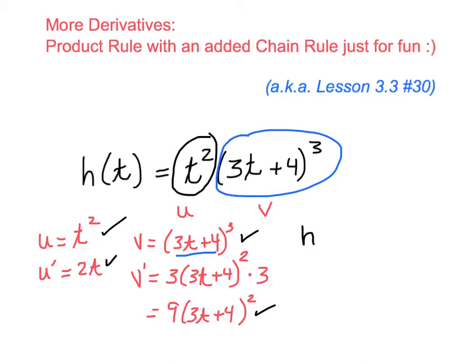So h prime of t, you know what? Let's go ahead and do this on the next screen. I'm going to rewrite all this stuff and give us more room to work. So let's flip over to a new screen and complete this problem.